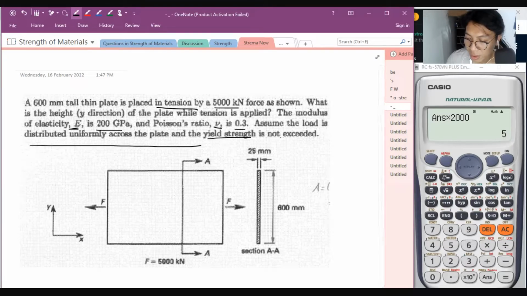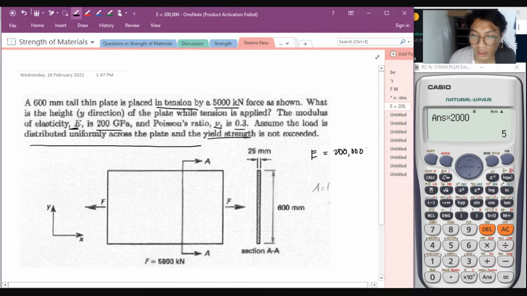Okay. Ang hinahanap mo dyan, ang given sa'yo, ano ba? The given there is the E, elasticity, 200,000 na lang. Newton per millimeter squared. Now, yung Poisson ratio dyan is 0.3.